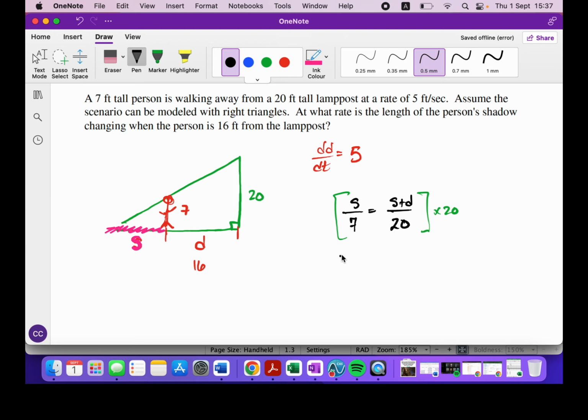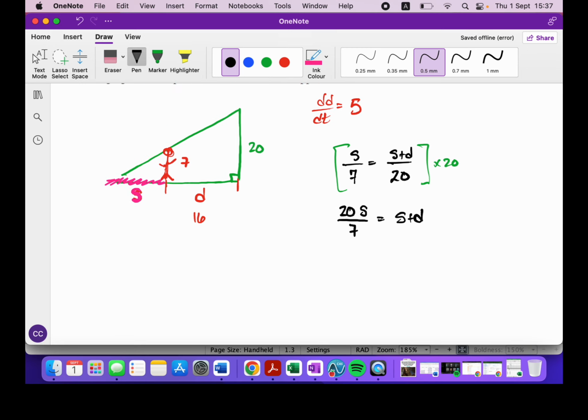And that's going to give me 20S/7 is the same as S plus D. Again, I'm trying to gather all of them because I want this to be equal to dD/dt. So I'm going to get 20S/7, take away 1 S is D.